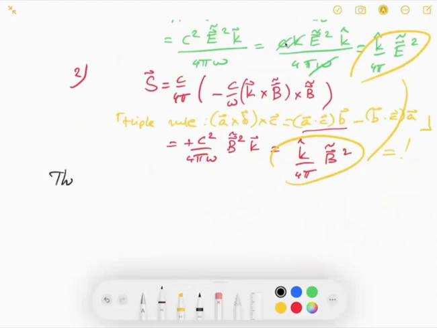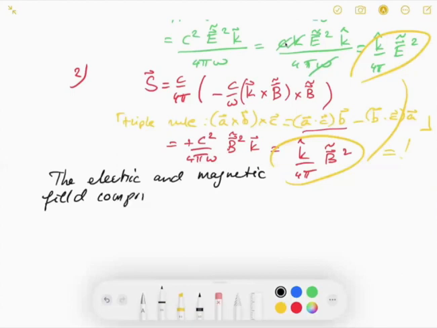So the electric and magnetic field components carry the same energy.